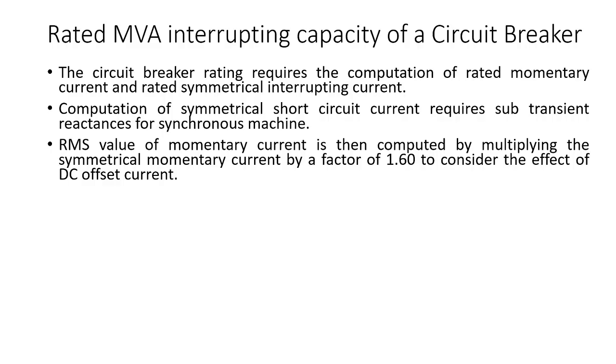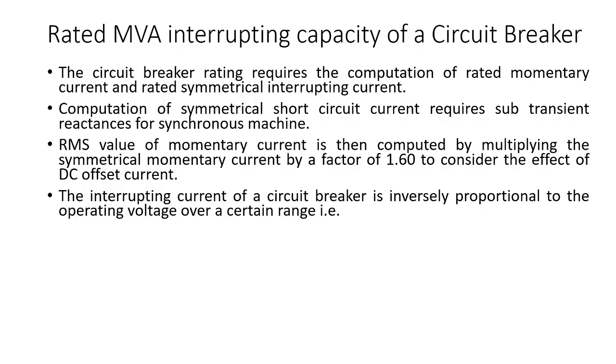We calculate the symmetrical short circuit current by using the subtransient reactances of the synchronous machine, and that value is multiplied by 1.60 to consider the effect of DC offset current. So DC offset current is not separately calculated, simply the symmetrical short circuit current is multiplied by a factor of 1.60.